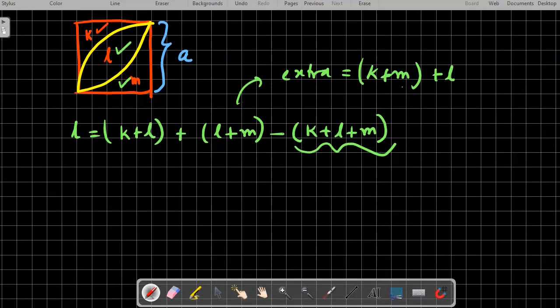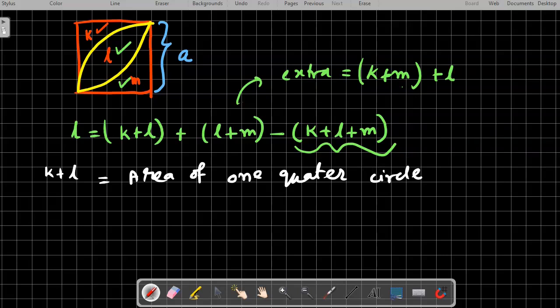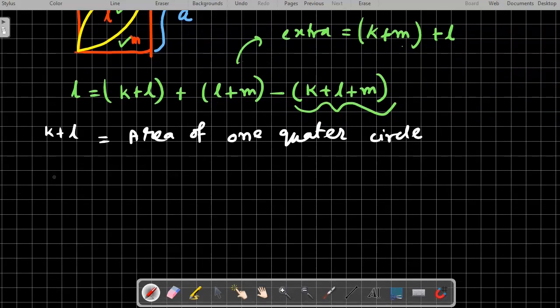Now what is K plus L? What is K plus L from this picture? K plus L is area of one quarter circle, right? Area of one quarter circle. And what is L plus M? L plus M is area of another quarter circle.